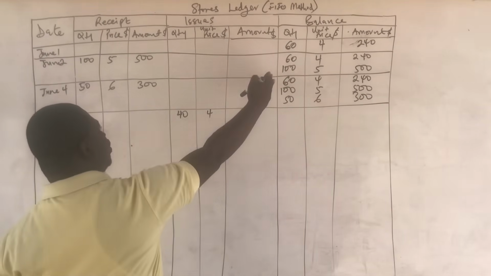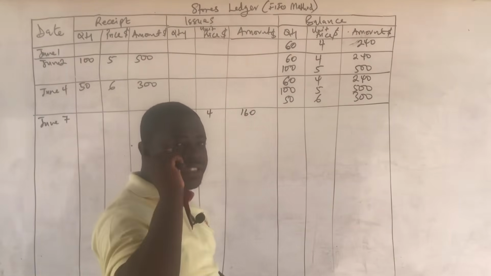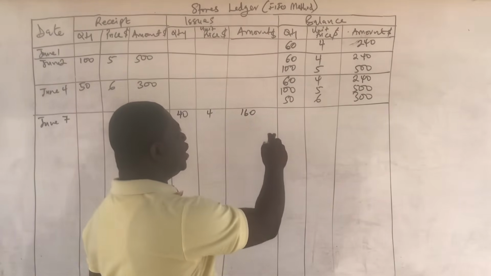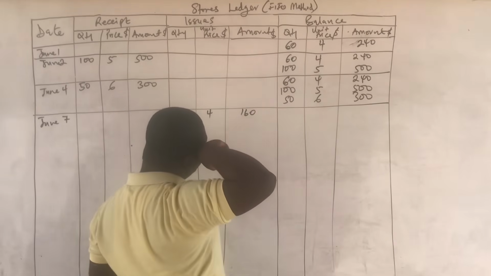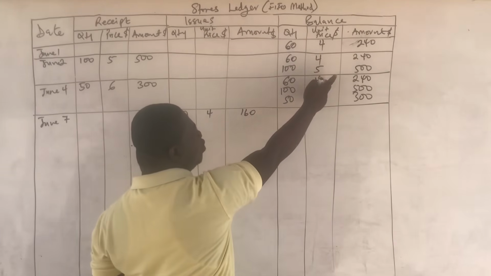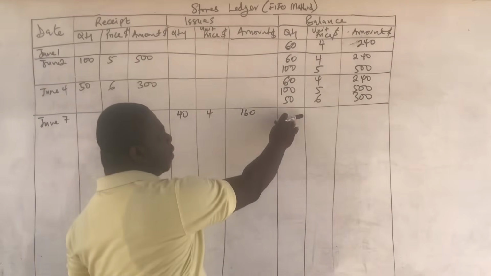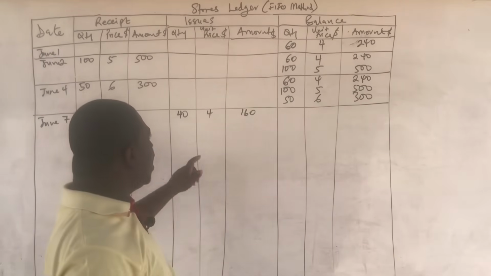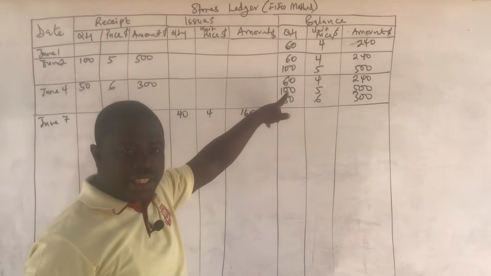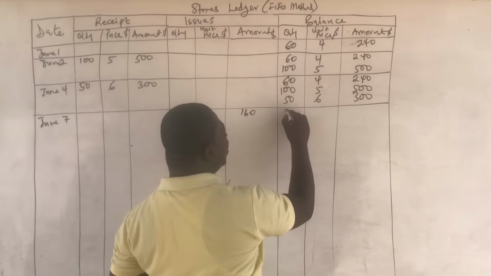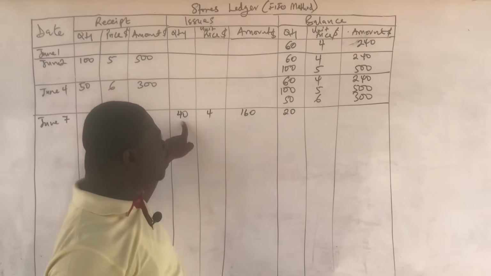So for now, we are issuing out 40. Remember that it is first in, first out. The 60 came in first, and so it must go out first. That is why I'm using the price corresponding to that to issue. Now, when I come to the balance column, this is what I'll do. I issue this 40 out of the 60. So the 60 is remaining 20 now, because I issued 40 out.